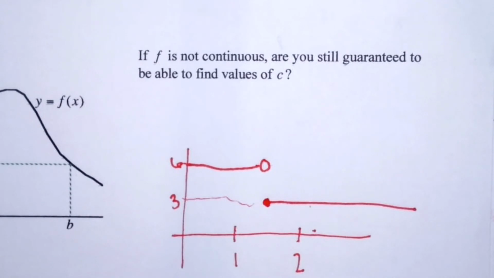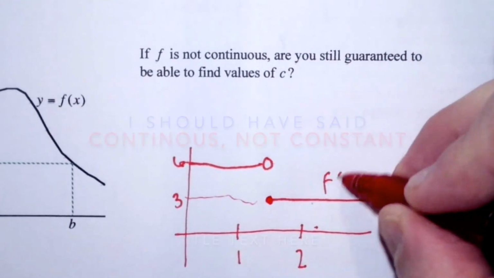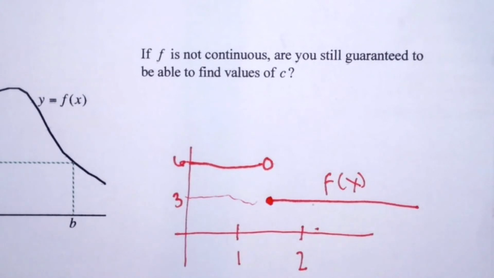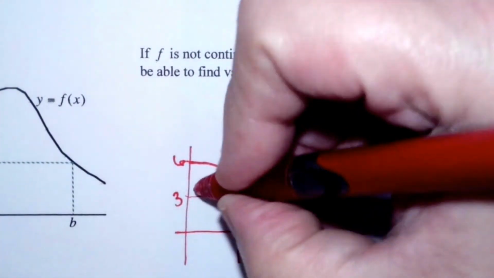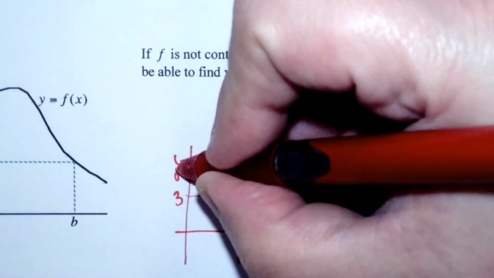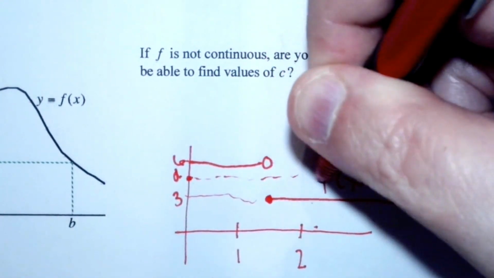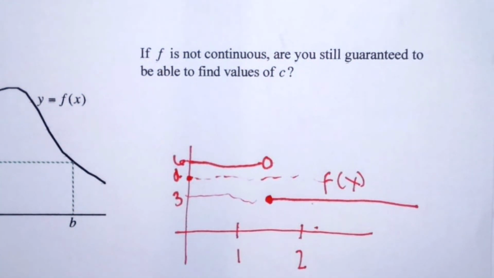Now, according to the intermediate value theorem, if the function f of x were continuous, we should be able to find a c such that f of c equals d for any d we choose between 3 and 6. Well, what if we choose a d somewhere in the middle? Is there a c where f of c equals d?